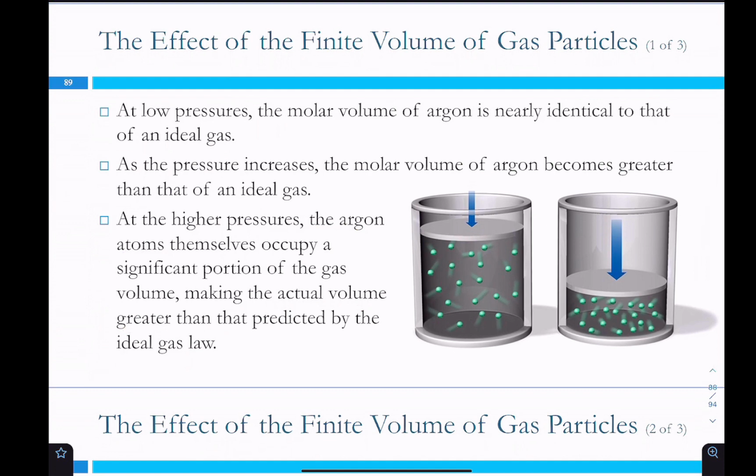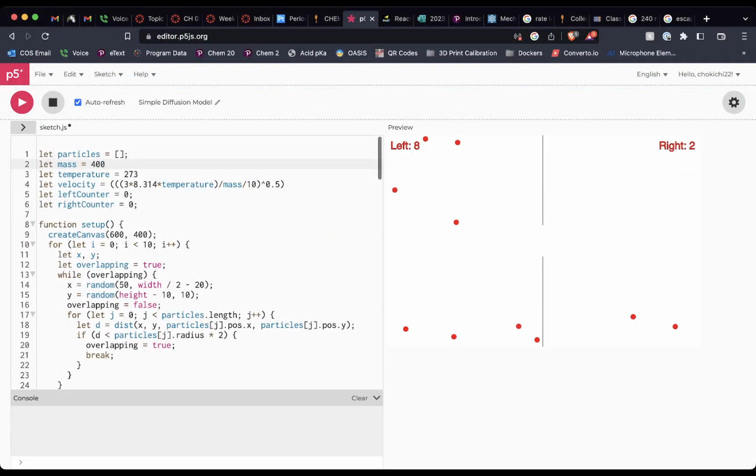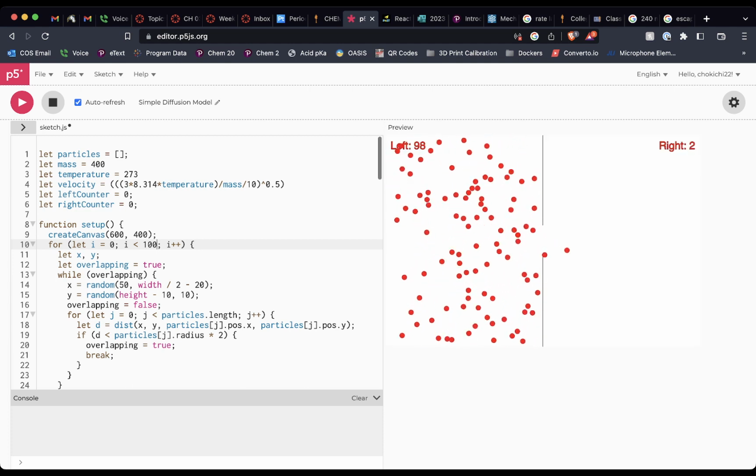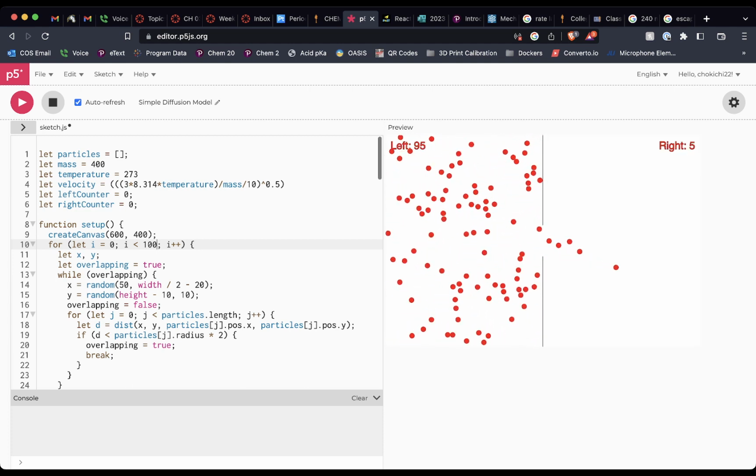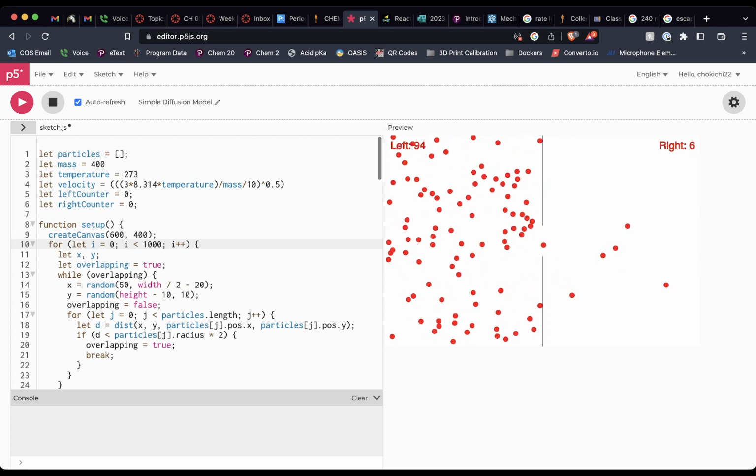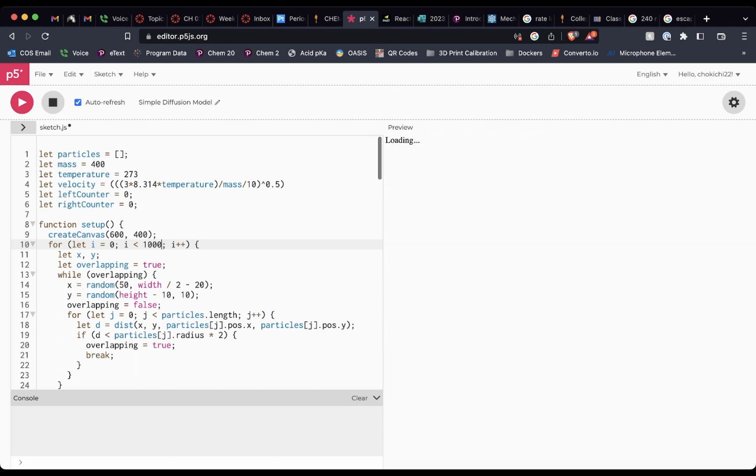And I guess we can throw this simulation in here again. Right, like here we could pretty much ignore the space that each of these dots takes up. But again, if I jump this up to 100, now they're taking up a pretty significant proportion. Just to see how much it breaks, let's do 1,000. It's loading.